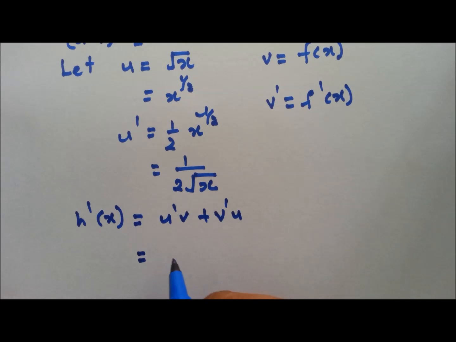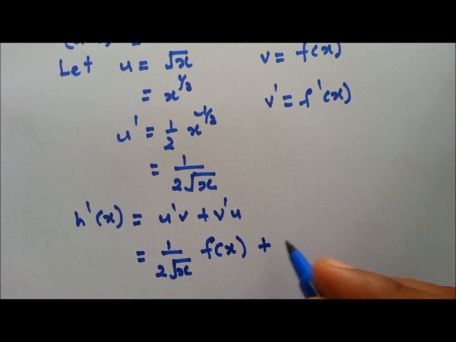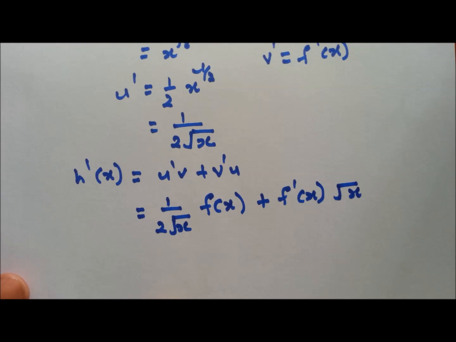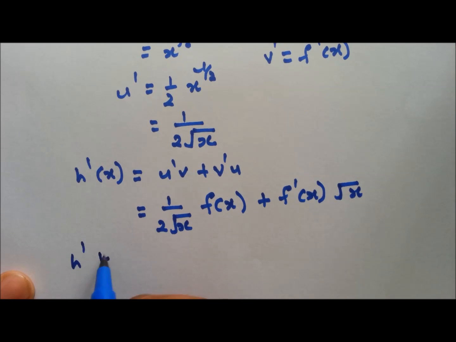So u prime was given as 1 over 2 square root of x, and v is equal to f of x, plus v prime, which is f prime of x, and u, which is square root of x.